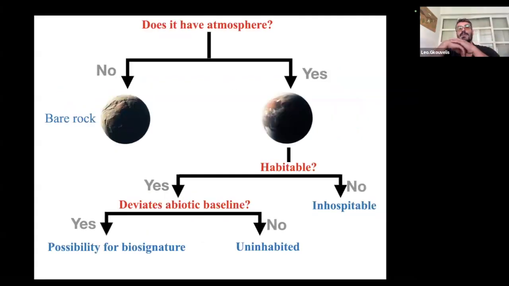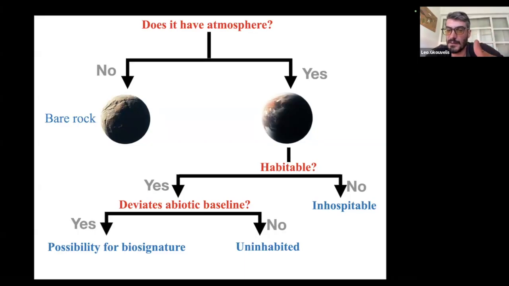So focusing now specifically on rocky exoplanets, I would summarize the ideal characterization would be these basic three questions, not necessarily in this order. But the first one is, does it actually have an atmosphere, as I told you before, or in evolving in time just stayed a bare rock, like, for example, the moon, let's say?